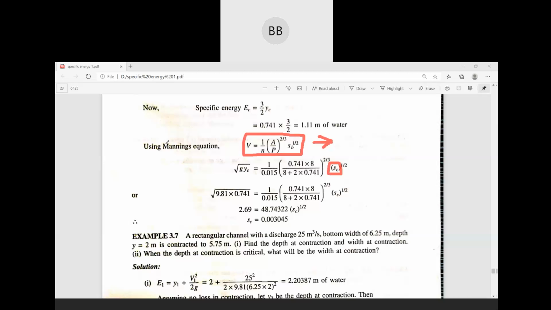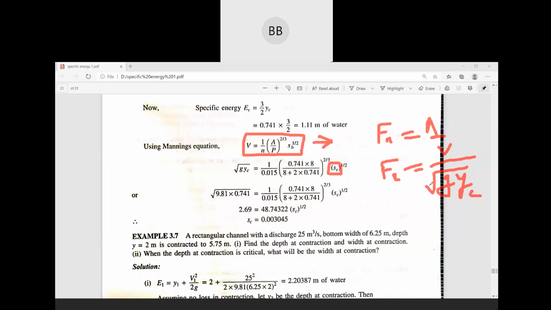So velocity, as we know, for critical flow condition, your Froude number is equal to 1. So we know Froude number is nothing but V by root over g y. For critical flow, it will be YC. This Froude number is equal to 1 for critical flow condition.